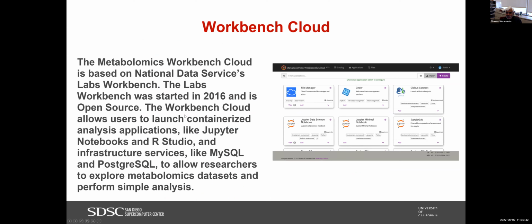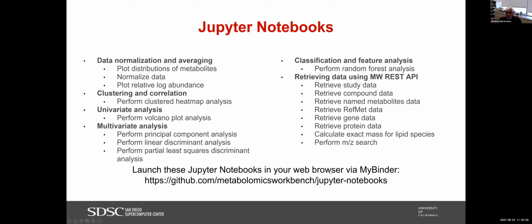So here are the Jupyter notebooks that are available. We can launch these Jupyter notebooks from the web browser via MyBinder. This is available also on GitHub. So people can download these, modify the Jupyter notebooks, edit them, and use them as they want. What can you do? You can retrieve, for example, study data, compound data, RefMet data, etc. You can do multivariate analysis. You can do clustering and correlation, data normalization, as you please.